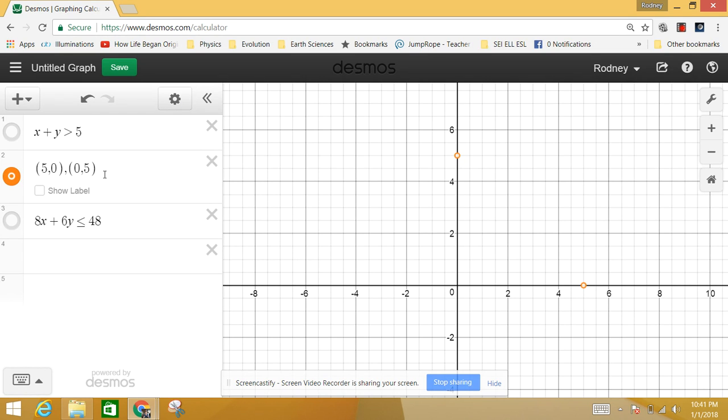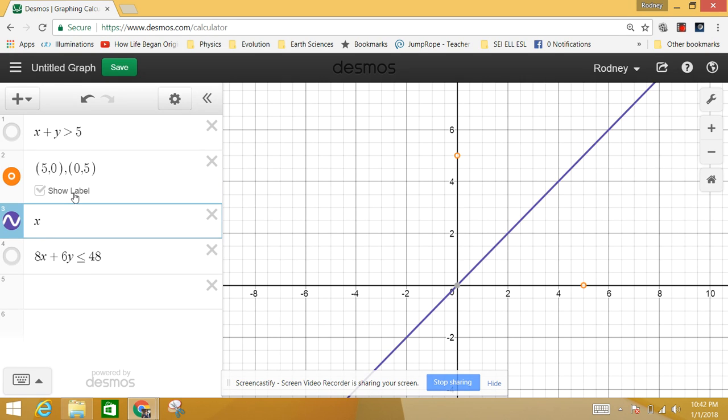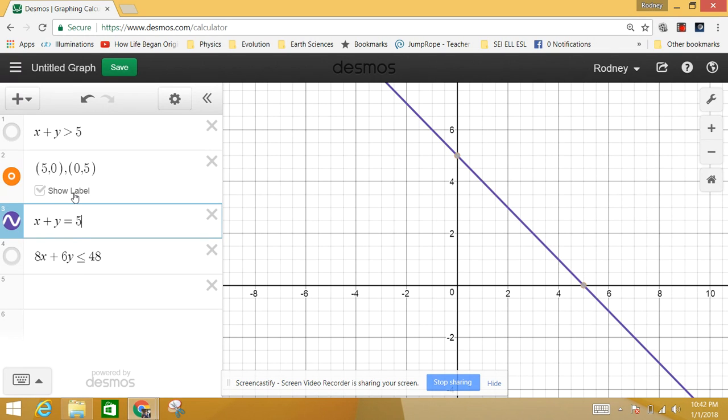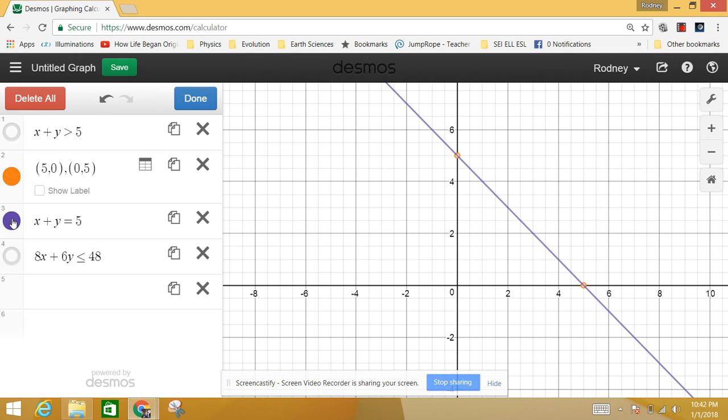Now, I would just get my straight edge, and I'd draw a line through that, but it would be a dashed line. So it would be X plus Y equals 5 now so that we can have that line. And now I'm going to just make it a dashed line like that, so we know that it's an inequality style.